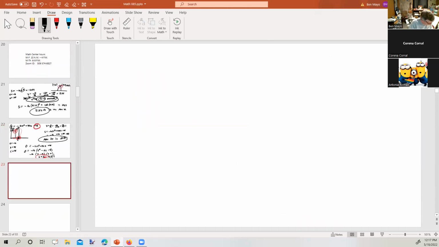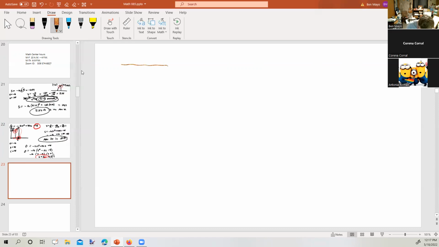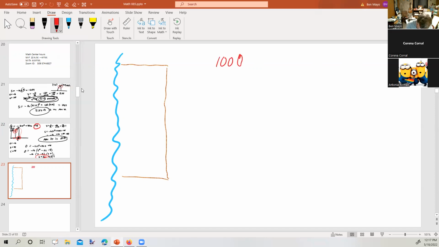Another problem. Let's see here. This says, see the illustration, and what we've got is a lousy, sloppy drawing.